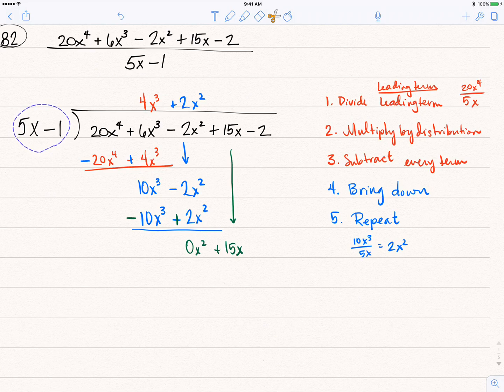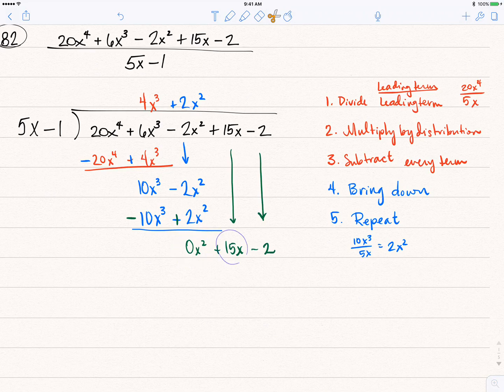And then if I subtracted, I would still have that 0 there. So what we're going to do is bring down the next term, that negative 2. Basically, we're skipping the whole round that deals with that 0x squared, simply because everything becomes zeros.